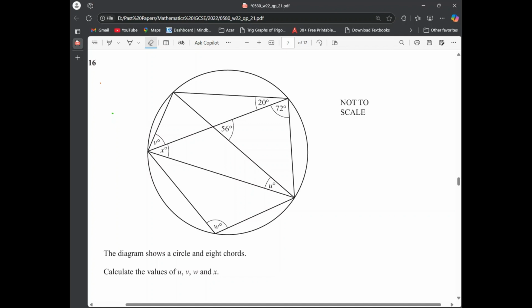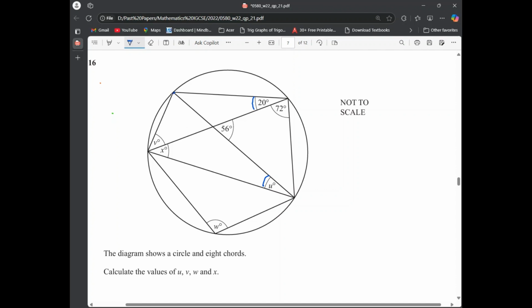Question 16. The diagram shows a circle and 8 chords. Calculate the value of u, v, w, and x. Okay. Right, I can see already that u is going to be equal to 20 degrees.